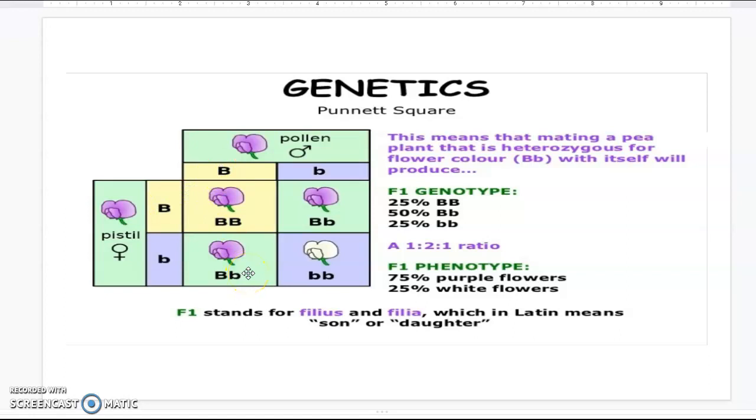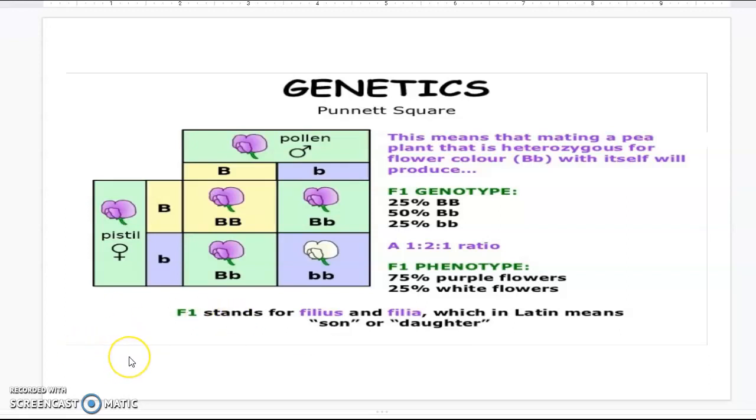The green, don't get confused now, big B, little b. Purple, little b, little b. And so if you're lost from the worksheet, here is another example of the Punnett square being done. Instead of rabbits, it is a flower.